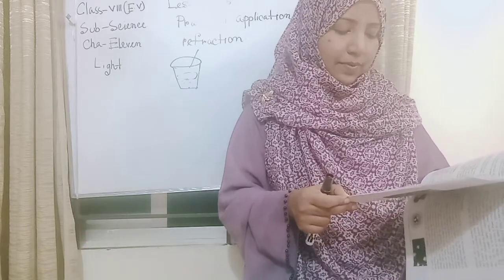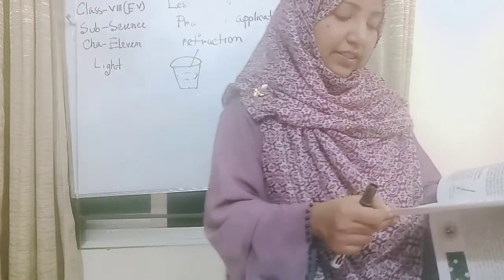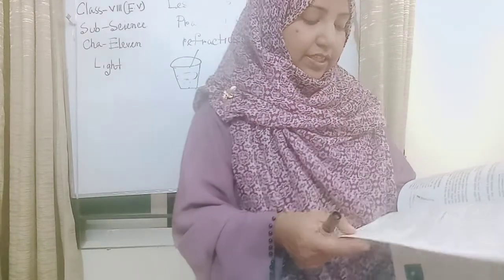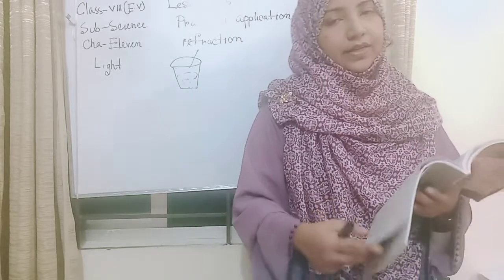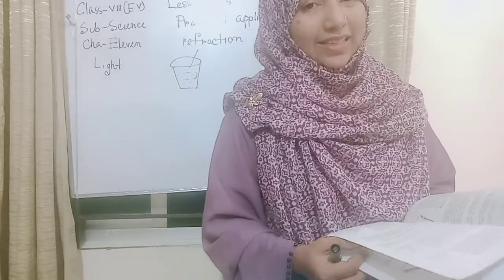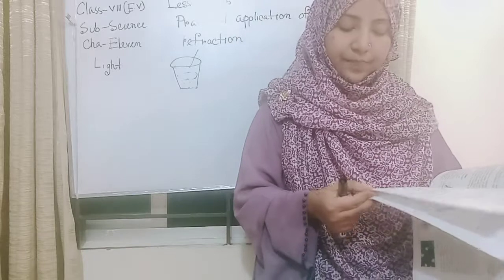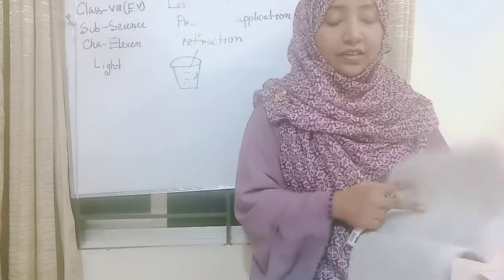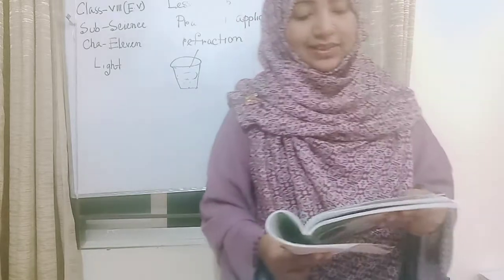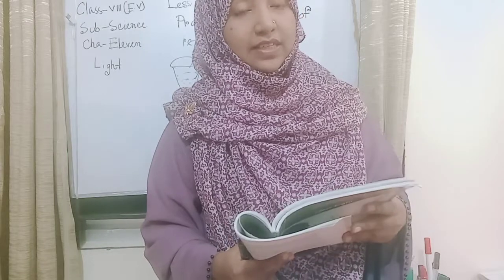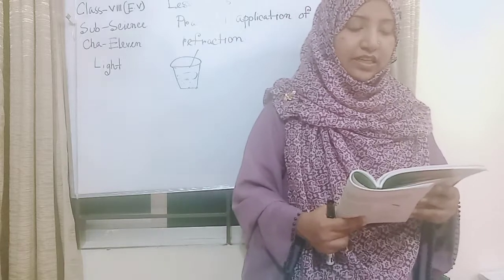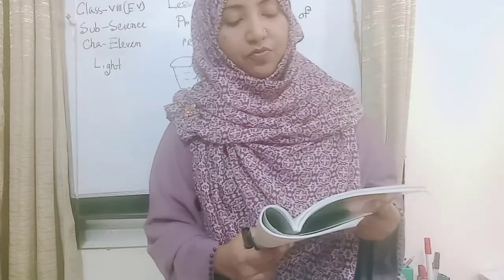Now, what will happen if the angle of incidence is greater than the critical angle? The angle of refraction cannot naturally be greater than 90 degrees. Next time I will explain this figure, the total internal reflection and the critical angle. It has been observed experimentally that the light ray, instead of being refracted, is reflected back into the medium from the surface.